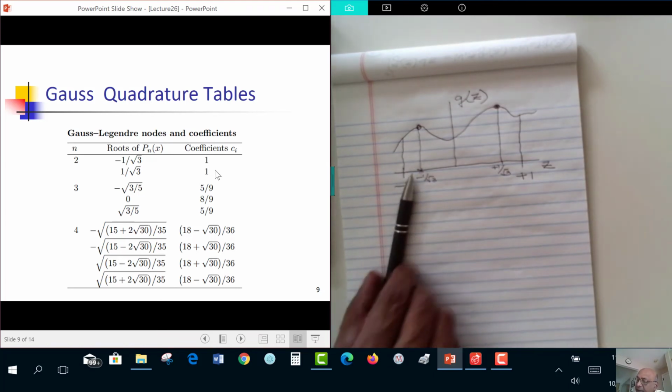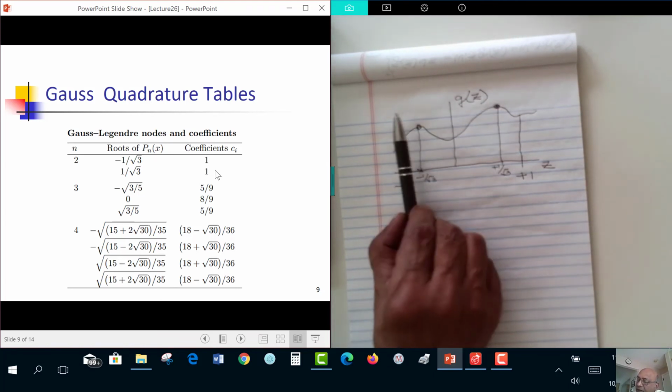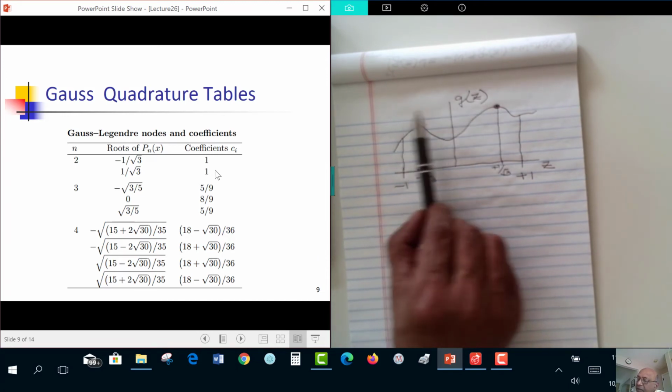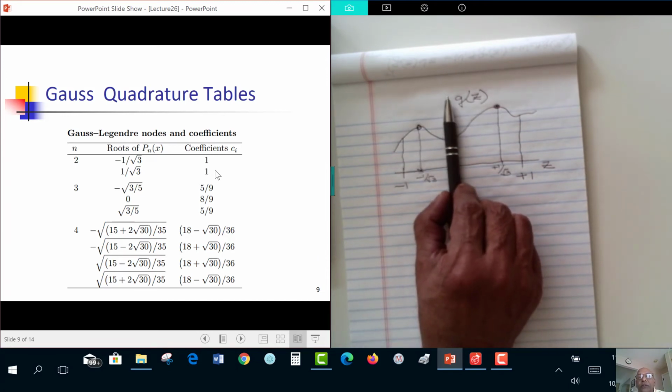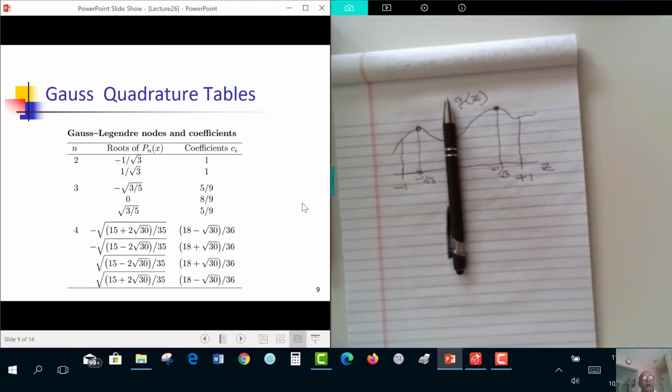But the idea is, when we have 2 points, they are located symmetrically with respect to the origin, with respect to 0. Now let's look at when we have 3 points.